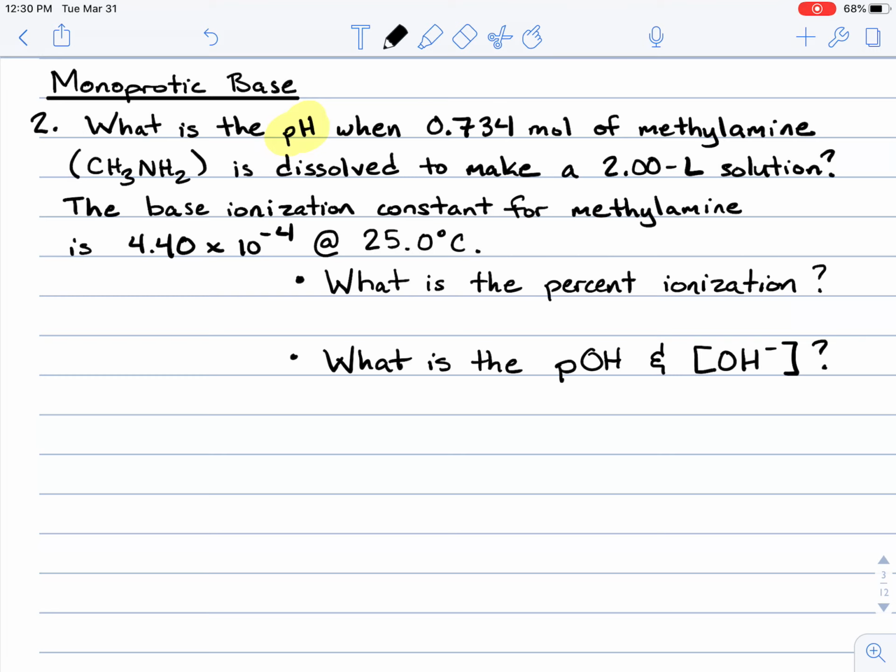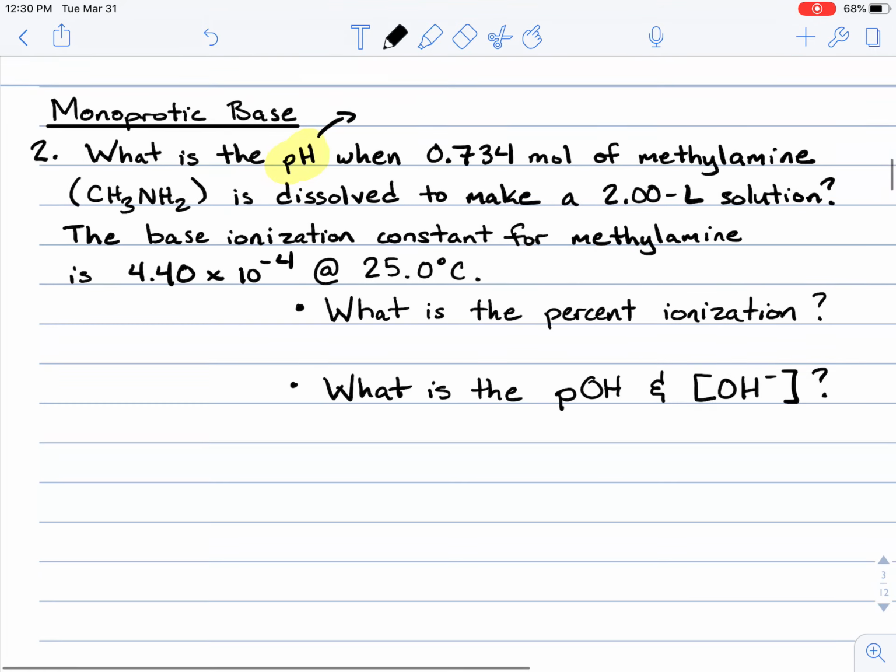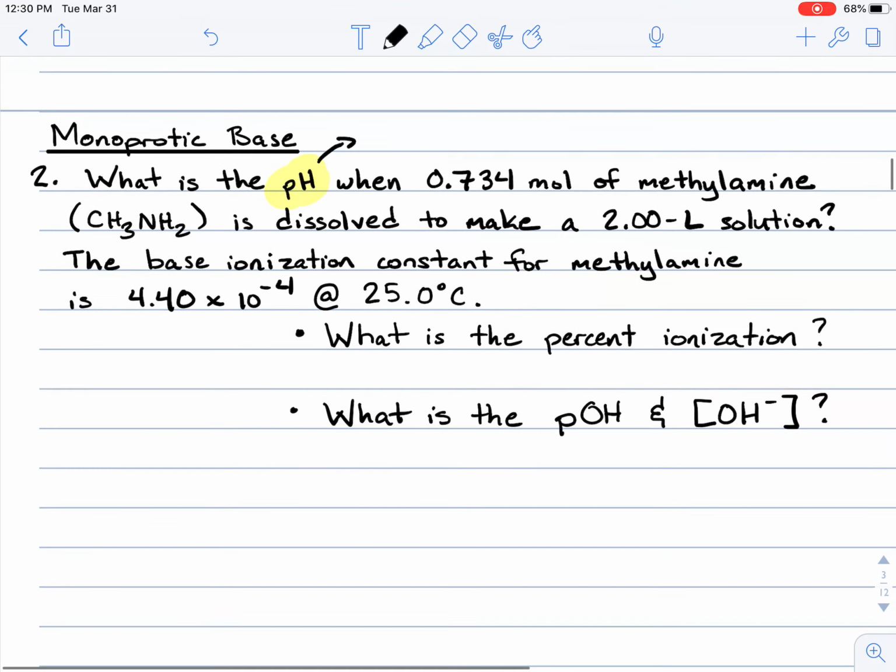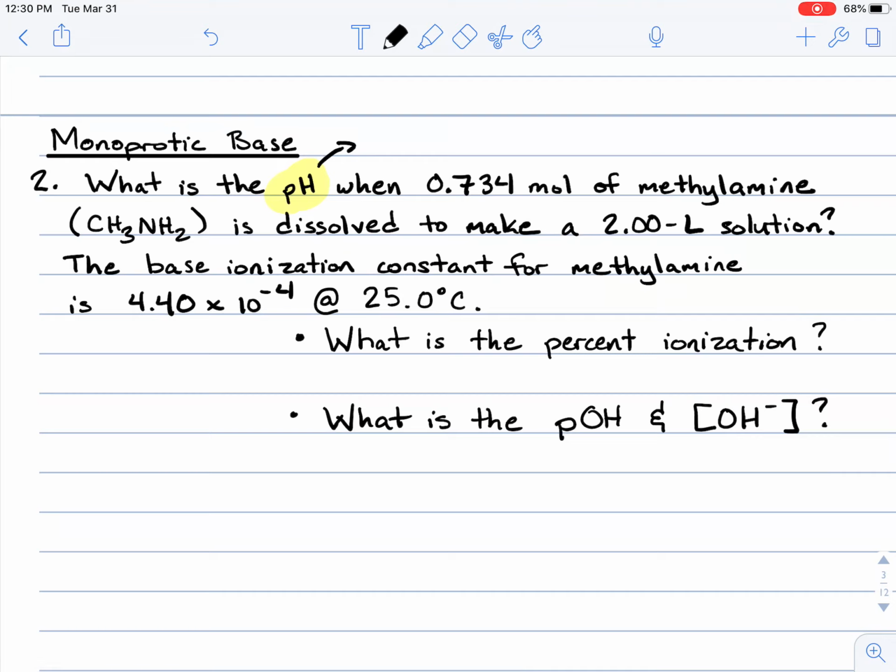Now, since we're trying to determine the pH of the solution, once again, pH is always measured at equilibrium, or the solution has already reached equilibrium by the time we take the pH of it. And so, since we want to determine the pH, this should bring some things to the front of your mind.